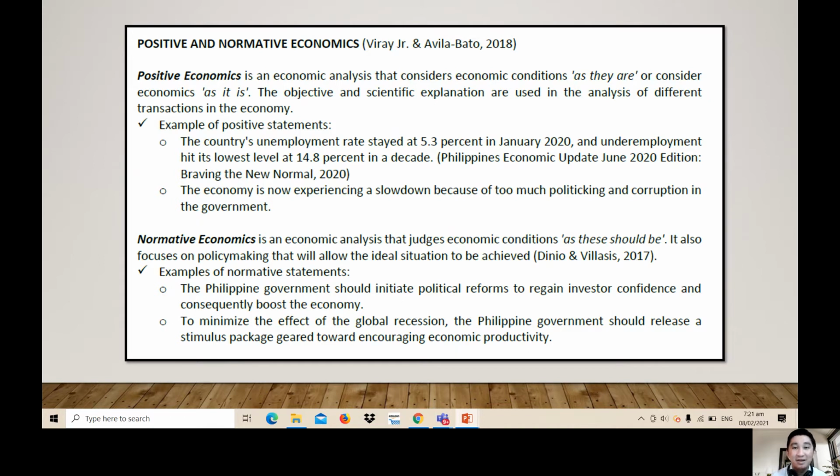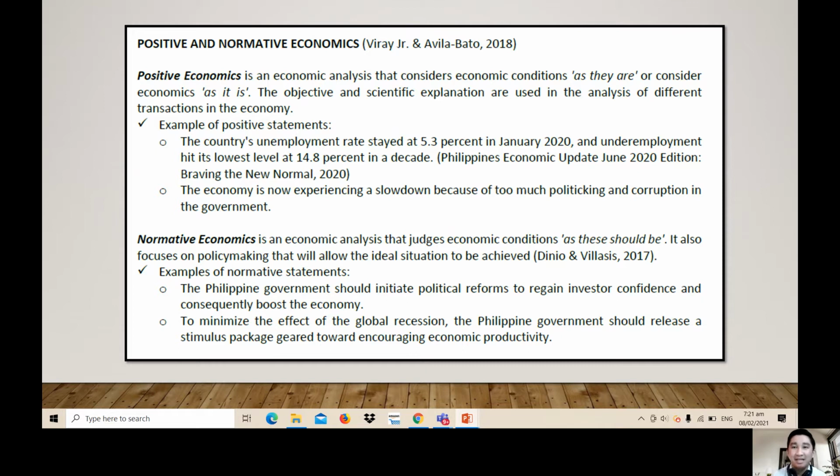And nag-lowest yung underemployment, so meaning may iba na nagkaroon ng trabaho. Okay? The economy is now experiencing a slowdown because of too much politicking and corruption in the government. Again, this is an analysis that pertains to economic conditions as they are and as it is. So ano yung nangyayari?